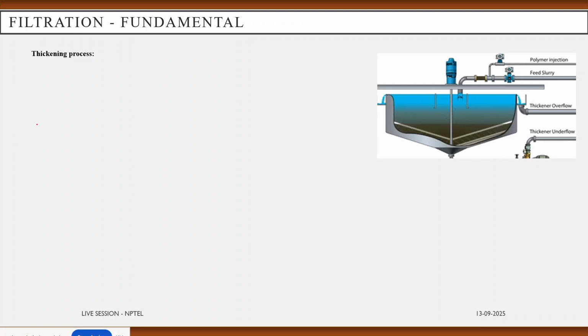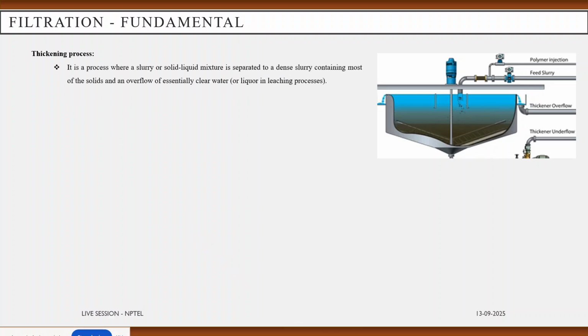It is also a process which separates the solid particles from the liquid stream. In thickening, the slurry or solid-liquid mixture is separated into a dense slurry containing most of the solids and an overflow which is essentially clear liquid.